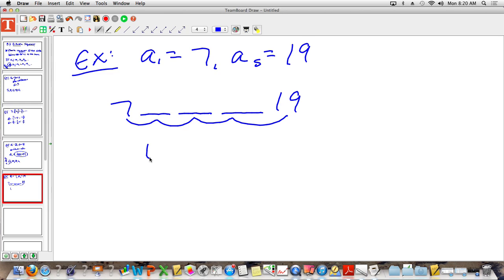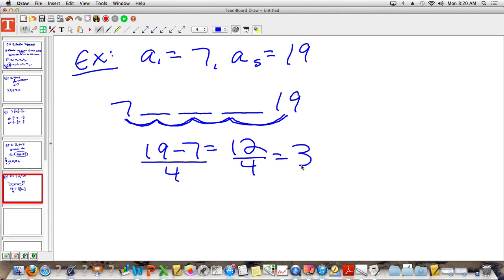So you take the very last term that you know, which is 19. 19 minus 7 is 12, but then that has to be split into the 4 parts that I have. So I'm going to take 19 minus 7 divided by 4, which is 12 divided by 4, which is equal to 3. So my differences in this case are equal to 3. This value right here is my D, which is also my slope.